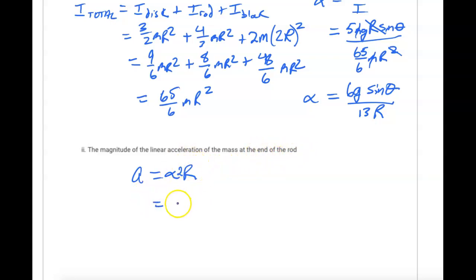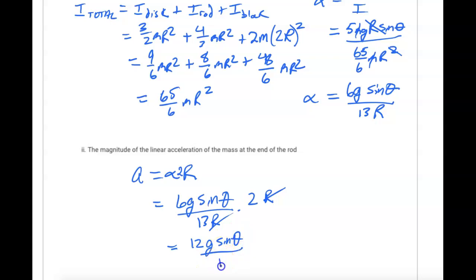So this is going to be equal to 6g sine of the angle over 13r times 2r. The r's cross off, and we're going to end up with 12g sine of the angle all over 13. And that would be our linear acceleration.